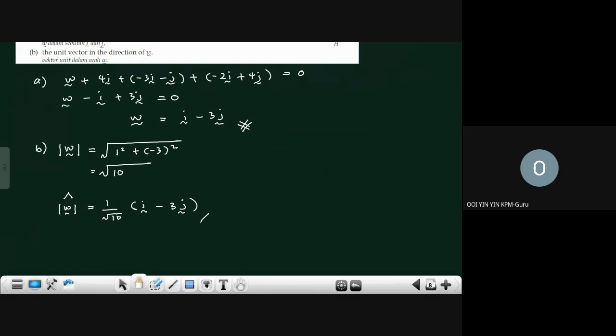There it is, your unit vector of W. Done.